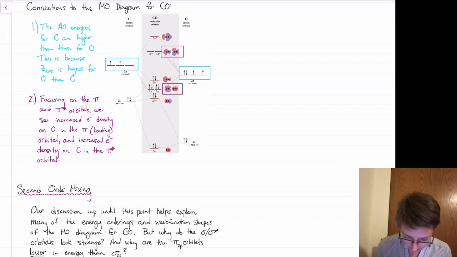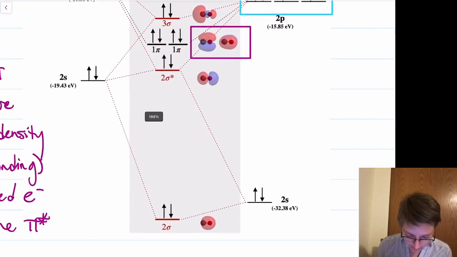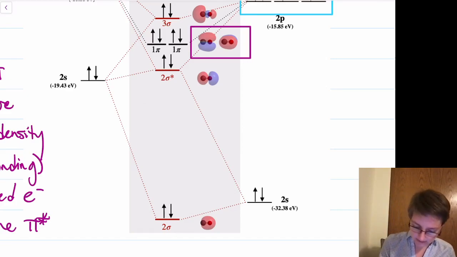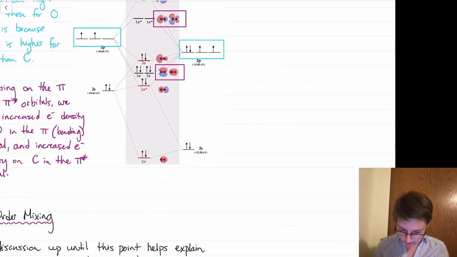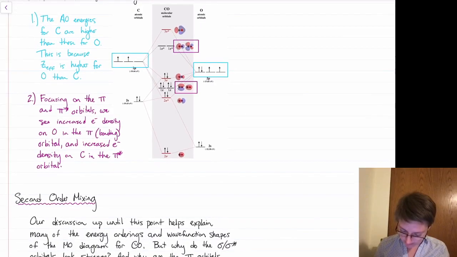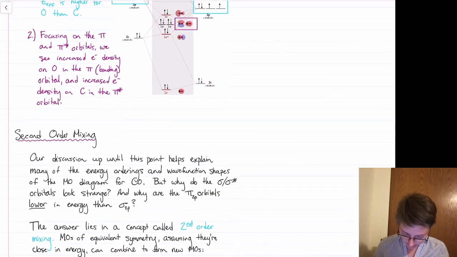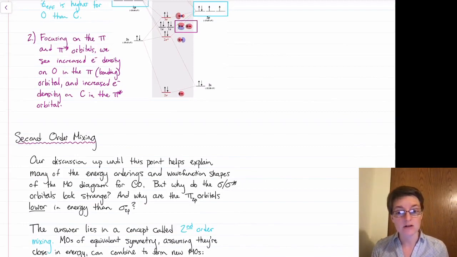Same thing with our 2 sigma star orbital. In some ways it looks like a combination of 2s orbitals combining destructively, but it almost looks like there's a little bit of p-type character on this oxygen. And so in order to understand where these slightly more complicated MO shapes are coming from, we're going to have to talk about an effect or a phenomenon called second-order mixing.